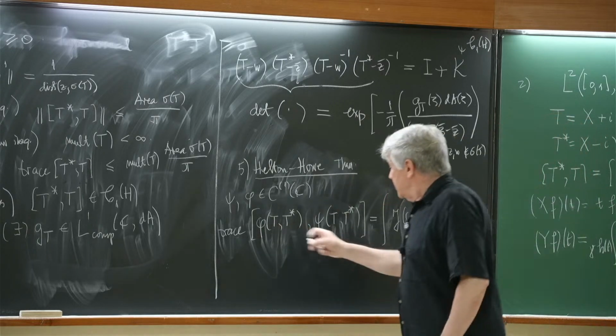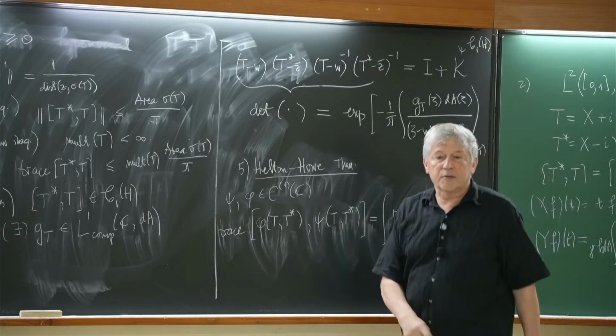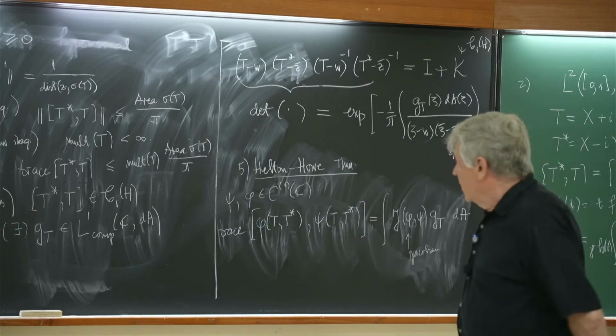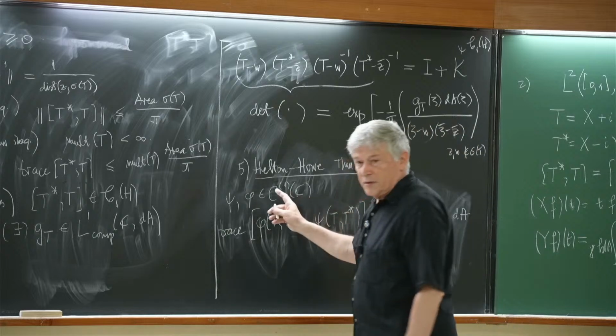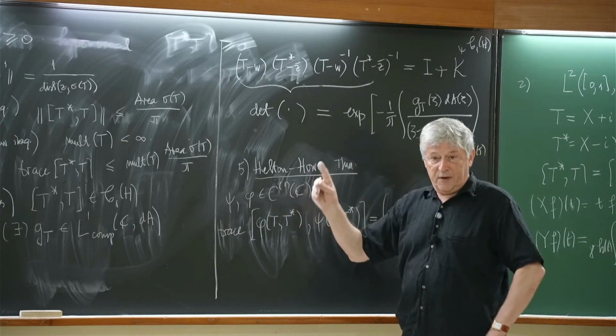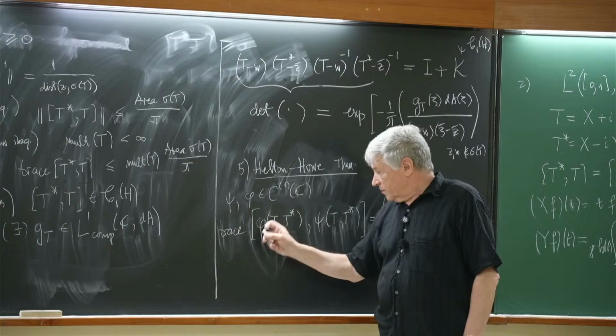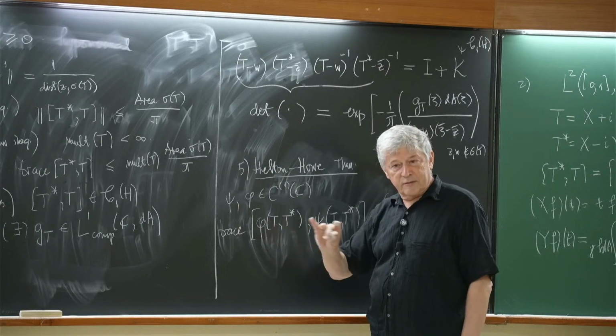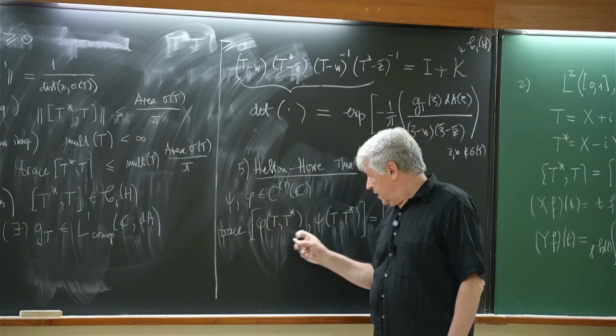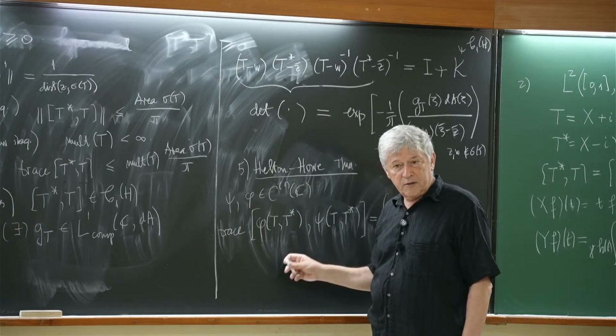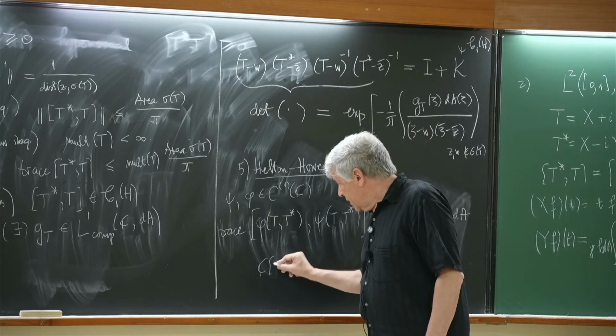Now, what does this calculus mean? I'll explain at once. They are not entire functions, but smooth functions. So, let's start with phi and psi, just polynomials in z and z bar.